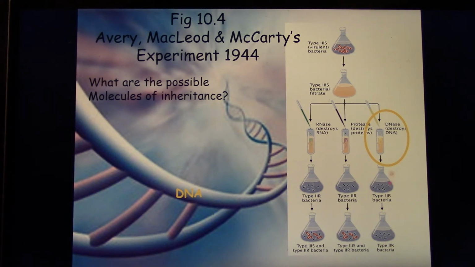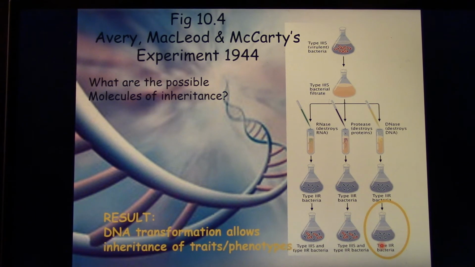So in the absence of DNA, you get no transformation, which of course means that DNA allows inheritance of traits or phenotype. So DNA is the transforming principle. It's the molecule of inheritance according to this experiment.